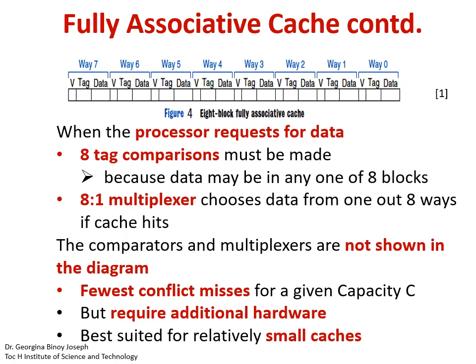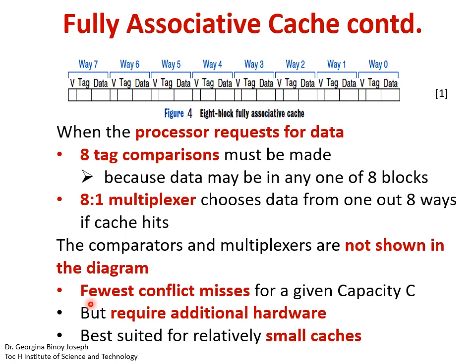It may or may not be, but it may be in any one of the 8 blocks. So 8 tag comparisons have to be made. And then an 8:1 multiplexer chooses data from one of the 8 ways, and that data is used if the cache hits. As I said in the previous slide, the comparators and multiplexers are not shown in the diagram because there is a huge number of comparators and multiplexers, and the size of the multiplexer is large.